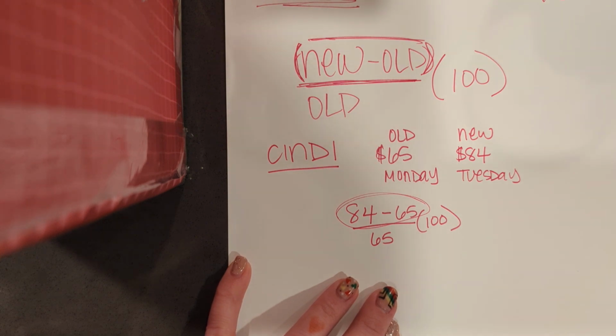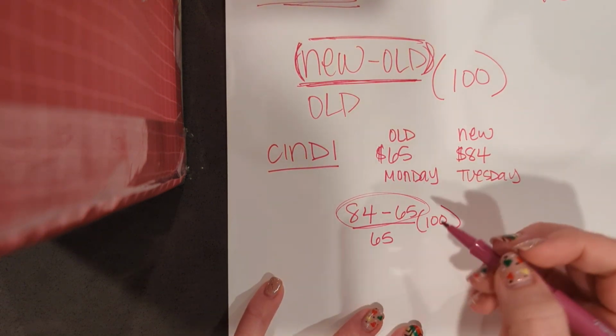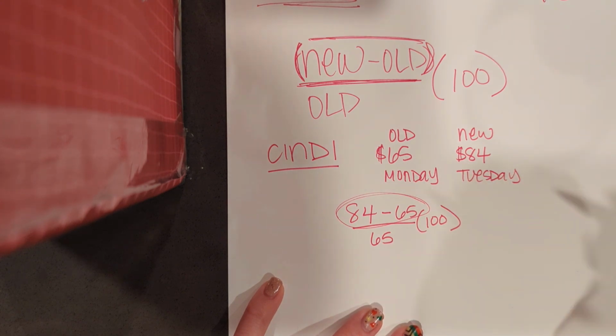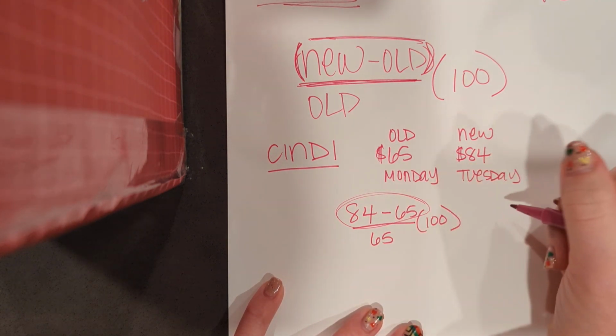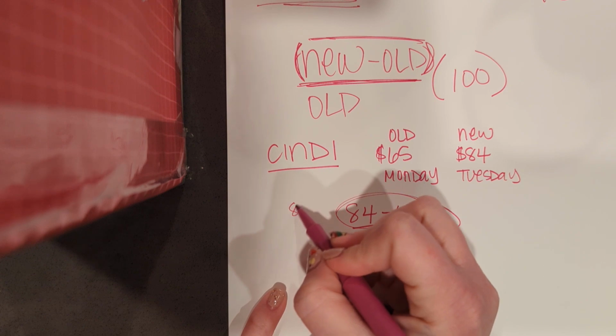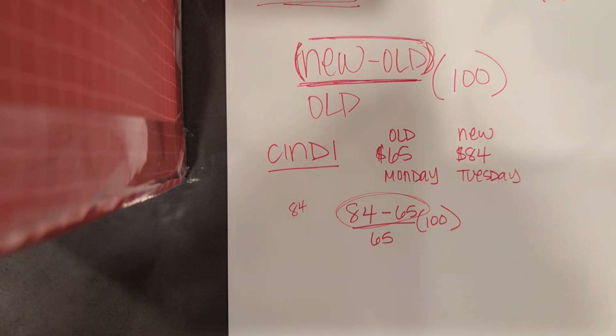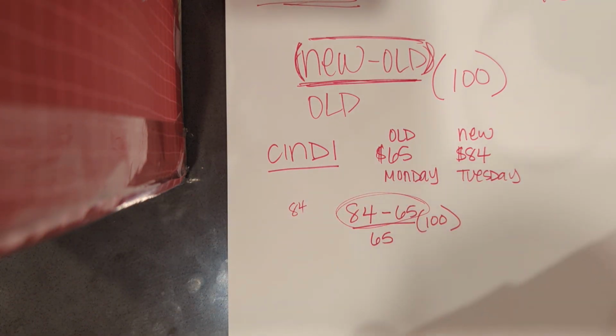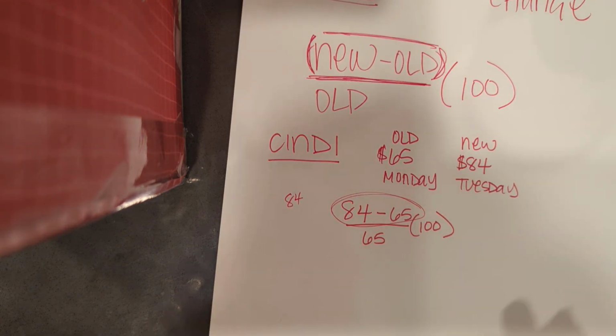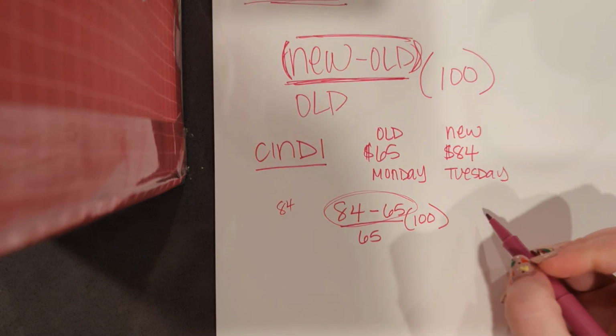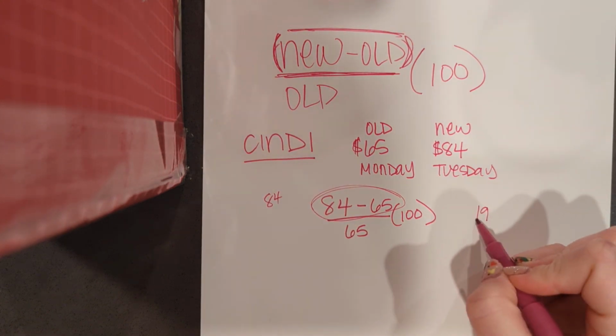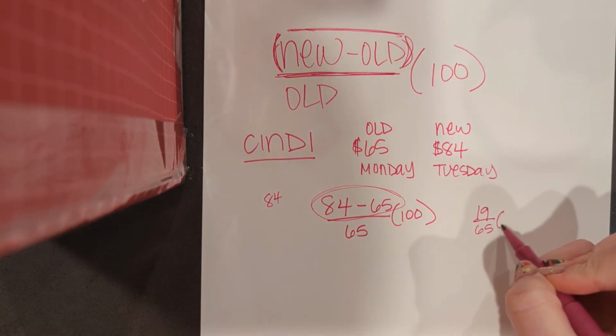So if we do that in our calculator, I deleted my work, so let's see what we did. So we have 84, just kidding, I'm going to use the calculator on the Chromebook. So 84 minus 65, that gets me 19. So I have 19 divided by 65 times by 100.